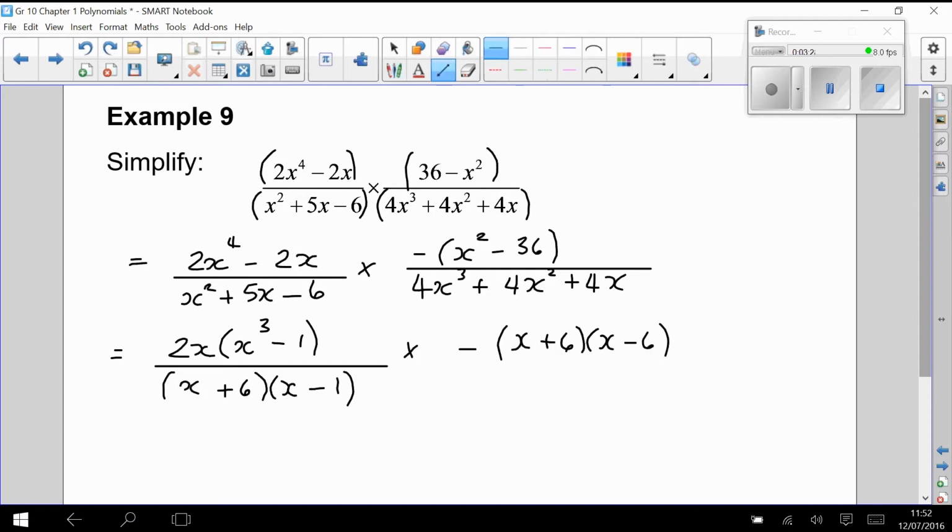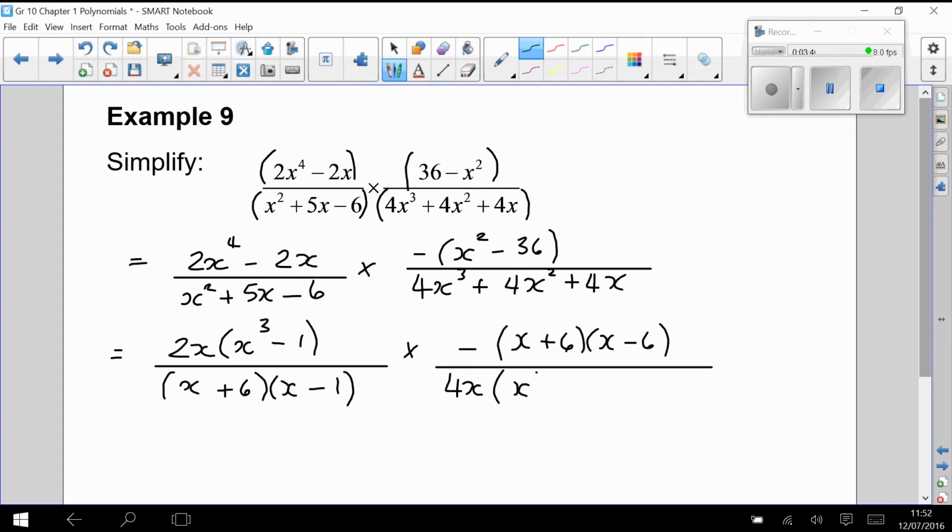And then going into the second denominator, I notice that once again I have a highest common factor of 4x. Taking out a 4x from each term, I have x squared in my first term, plus x in my second term, and then plus 1 in my last term.